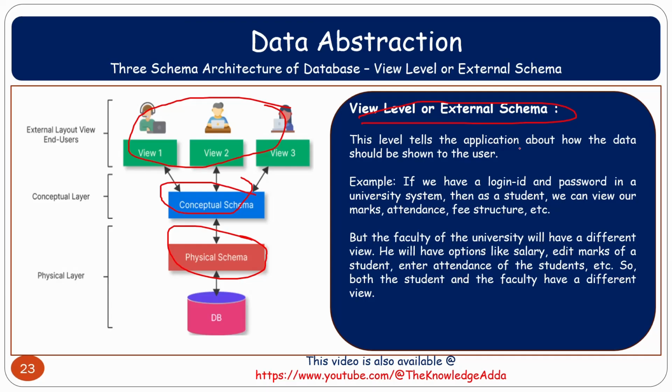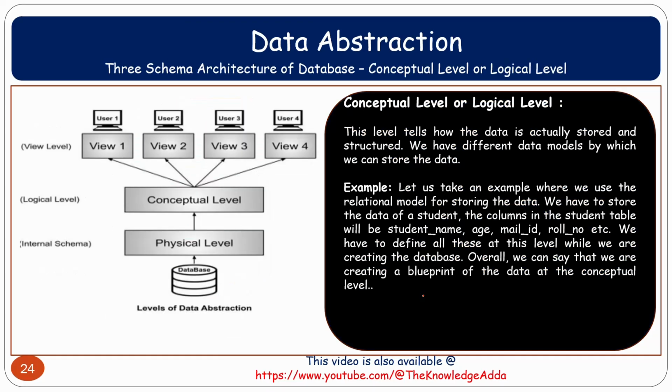This level tells the application how the data should be shown to the user, meaning how the user is going to see the data. For example, if we have a login ID and password in a university system, then as a student we can view our marks, attendance and fee structure. But the faculty of the university will have a different view. They will have options like salary, edit marks of a student, enter attendance of the student. So the student and faculty have different views.